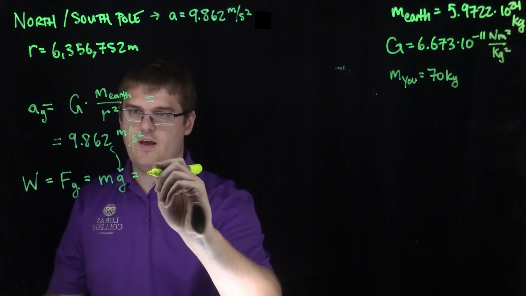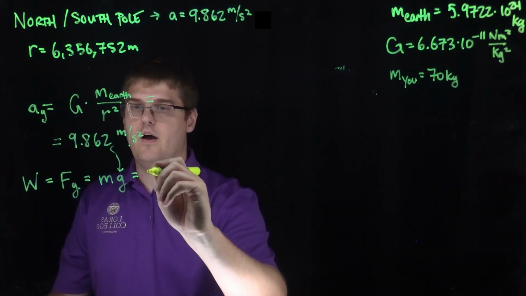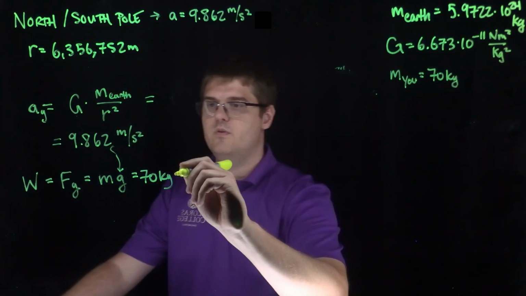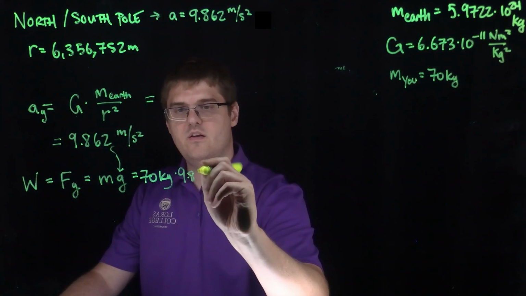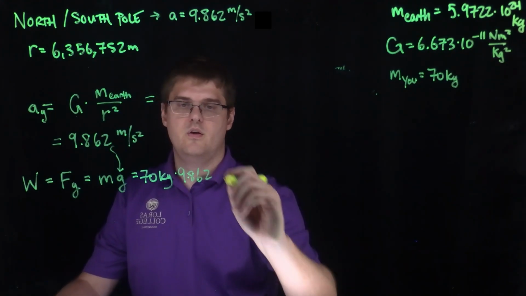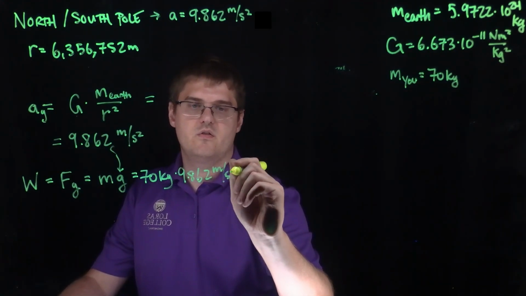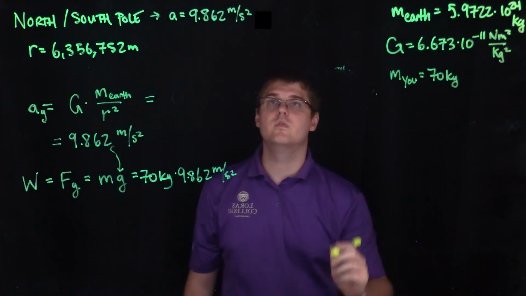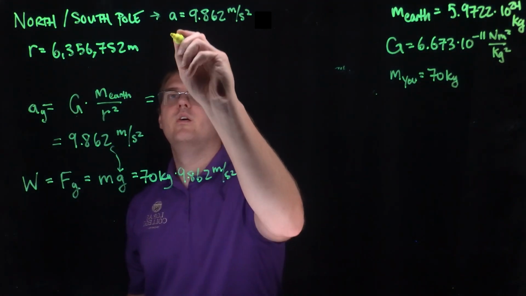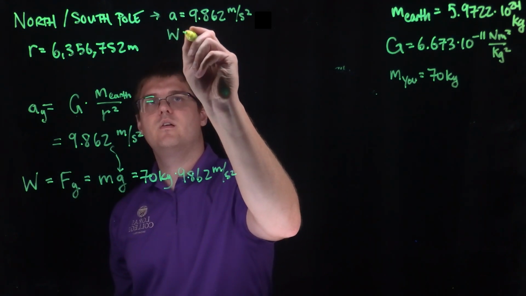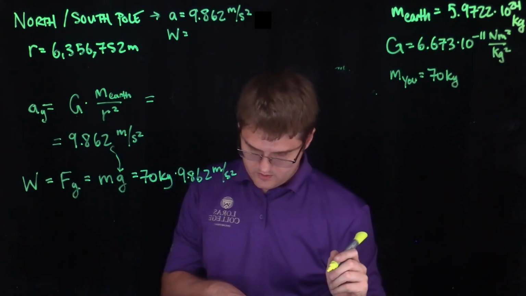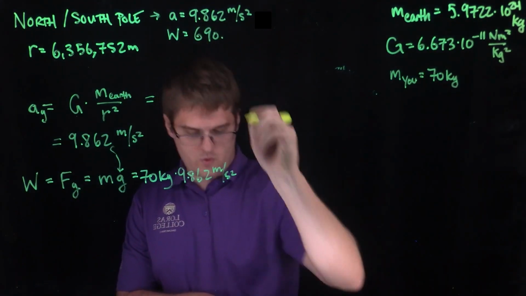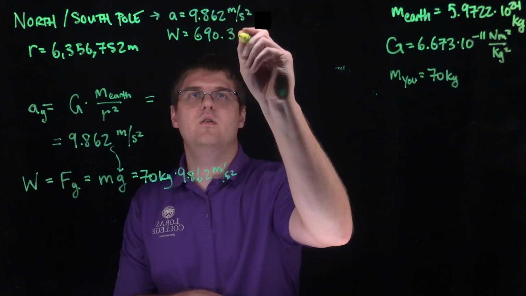And we have our mass of 70 kilograms times 9.862 meters per second squared. We're going to get our weight, which is a force, so it's going to be in newtons. So we have a weight of 690.3 newtons.